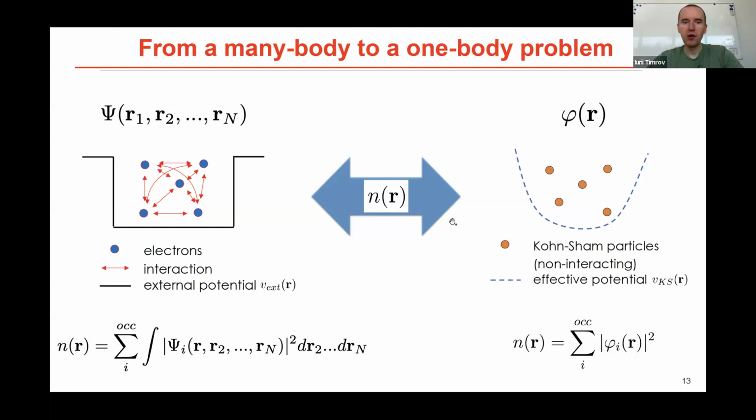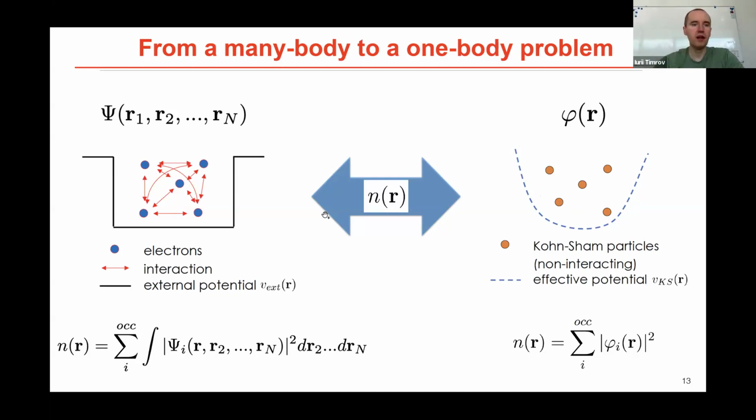And moreover, we replace the true interacting system of electrons moving in some potential by an auxiliary system. So now we draw the electrons in orange just to indicate that they are fictitious electrons, non-interacting, because you see there are no red arrows between them. However, the price to pay is that they are moving now in some kind of effective potential, represented by this dashed parabolic-like potential, for simplicity, and it's called the Kohn-Sham potential.